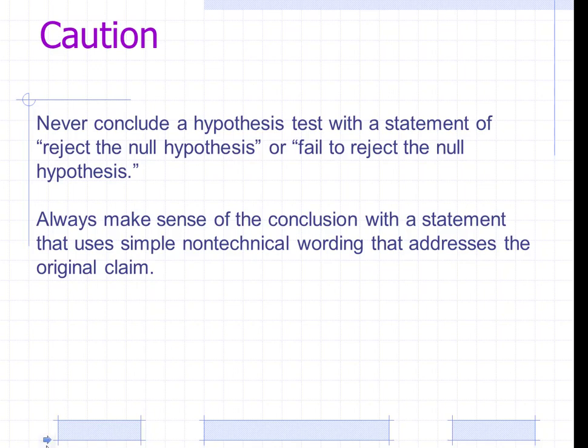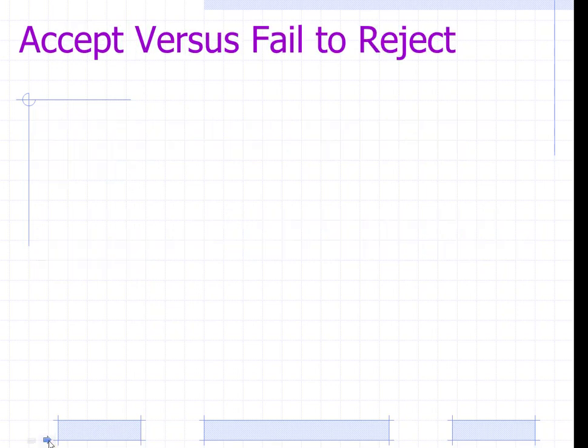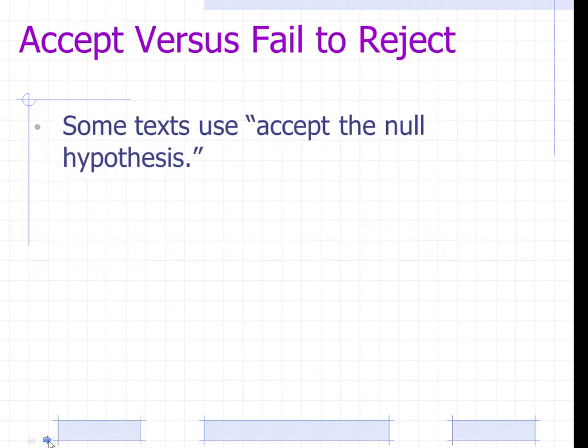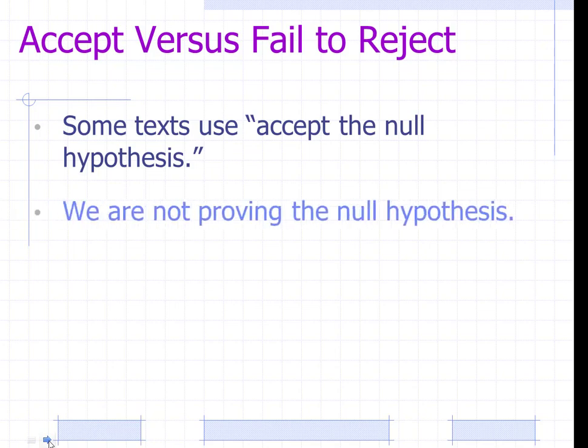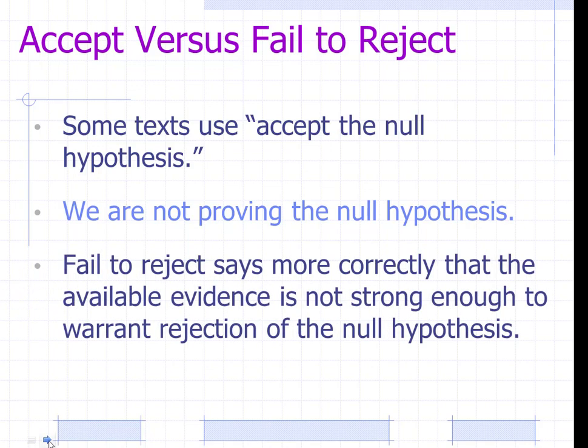And then go on and either state your alternative hypothesis or your null hypothesis. For me, you're never going to use the word accept. Some texts do. We can't prove anything with statistics. We can only show that something is false. So when we don't have evidence against the null hypothesis, we say fail to reject.